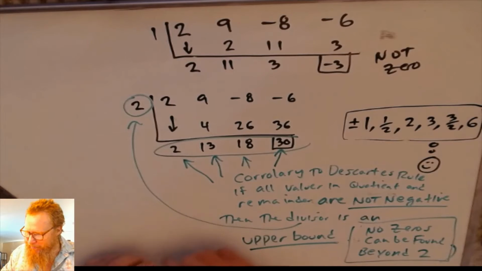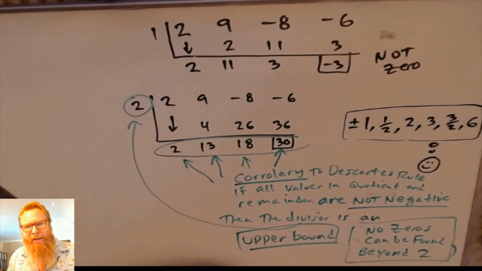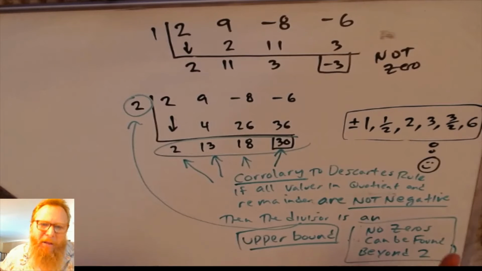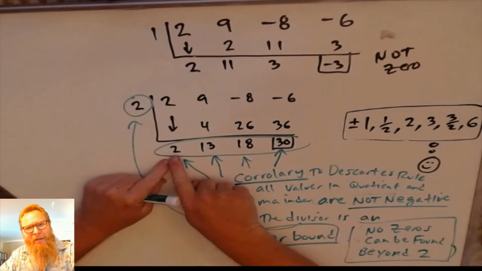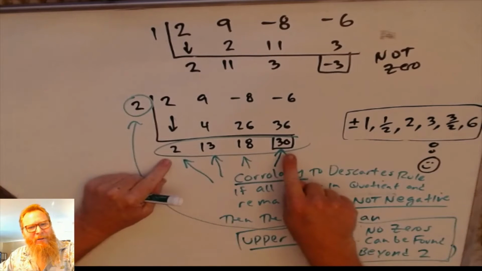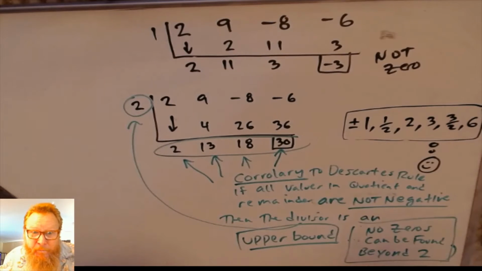But if you remember the corollary, it's called the upper bound corollary. Some people call it the upper bound theorem, but it's really just a corollary. If you want to know intuitively how it works, think about it. If your quotient and remainder are all non-negative, that means there are no sign changes.